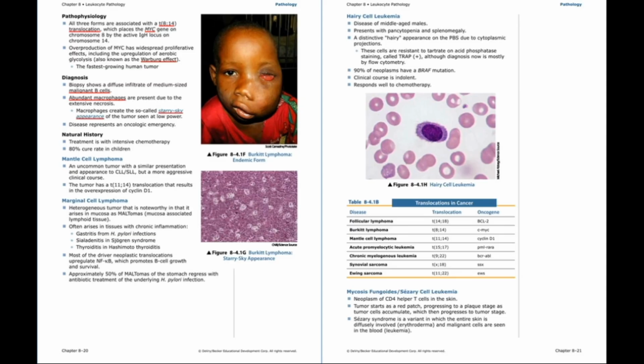Treatment of Burkitt lymphoma requires intensive chemotherapy, and currently we see a cure rate of about 80% in children. Mantle cell lymphoma is an uncommon tumor that has a similar presentation and appearance to CLL/SLL. It's an important disease for the generation of pathologists that only had morphology, because they struggled with this entity that looks so much like CLL/SLL but had a dramatically worse prognosis.